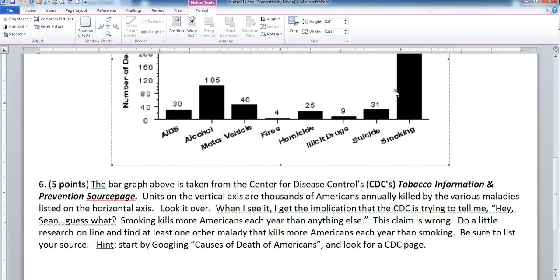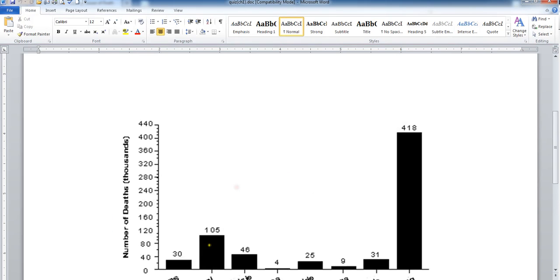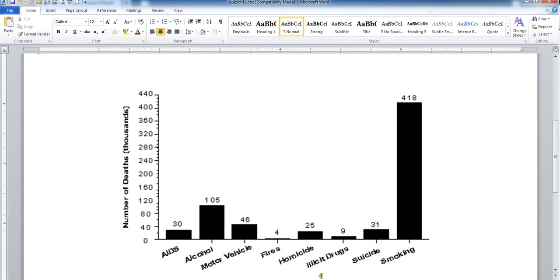Heart disease, smoking, maybe illicit drugs causing heart disease, who knows? Alcohol. If you add the 418 and the 105, that still doesn't add up to 600,000. So there's obviously some other stuff besides alcohol and smoking contributing to heart disease, like genetics and other things. But heart disease definitely kills more Americans than smoking alone, even though they might be interrelated.